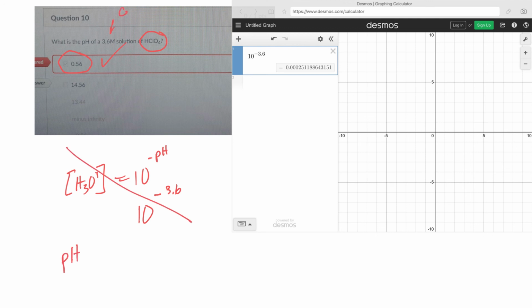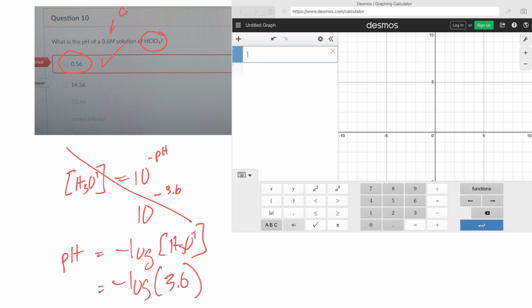So they want to know what the pH is, so I do negative log of the hydronium ion concentration. So negative log of 3.6. I came up with that number on the calculator, and I thought, gee, that's very small. I thought it would be different. Okay, it is different. Negative log, where's my log button?